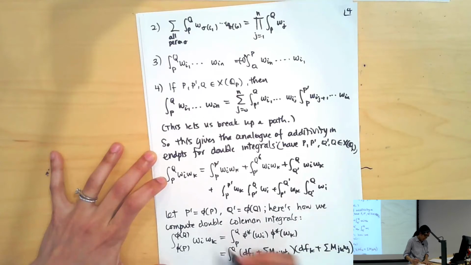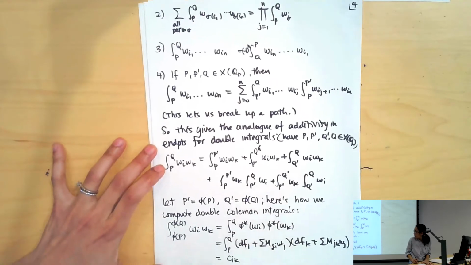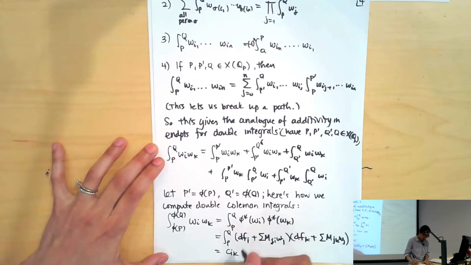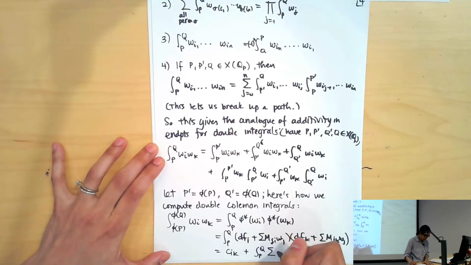And if we move things around and simplify this, we get some values, CIK, in terms of some single integrals, plus essentially this tensor product of M with itself.